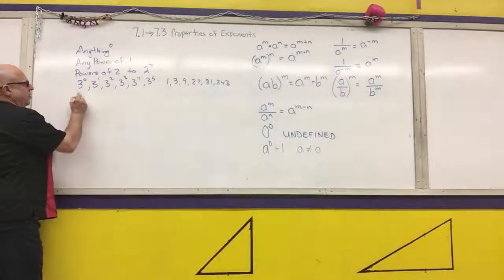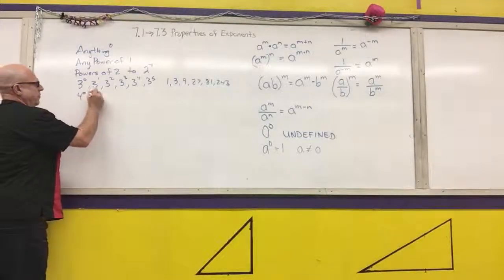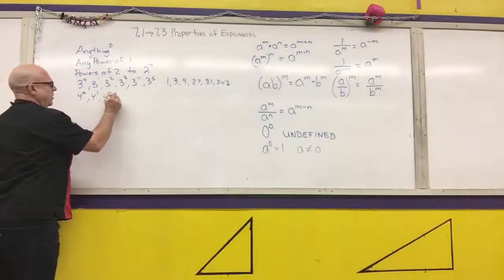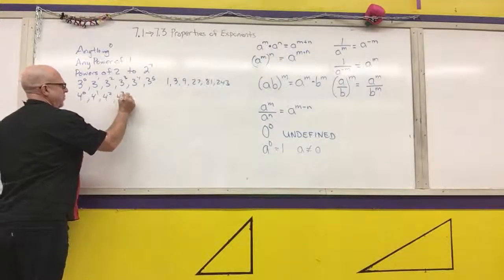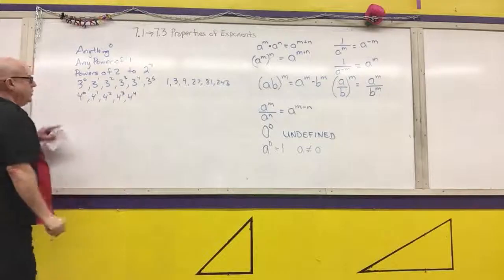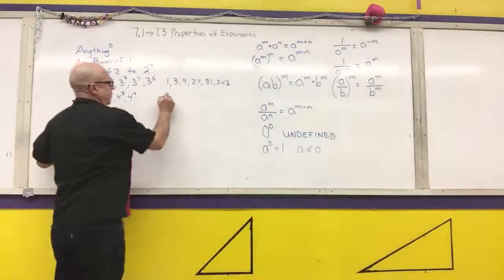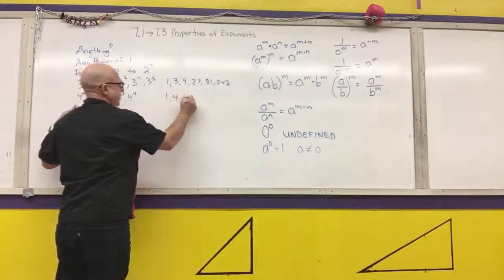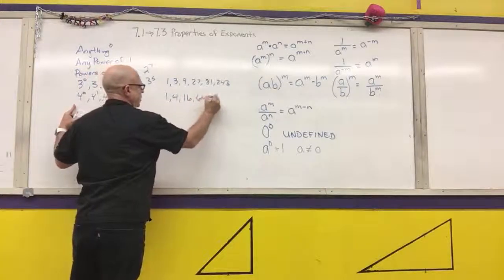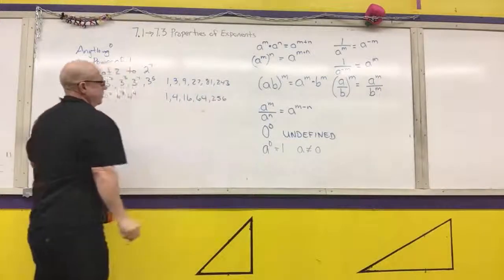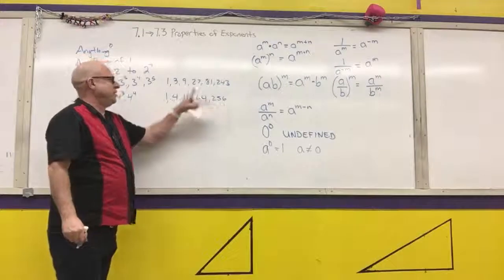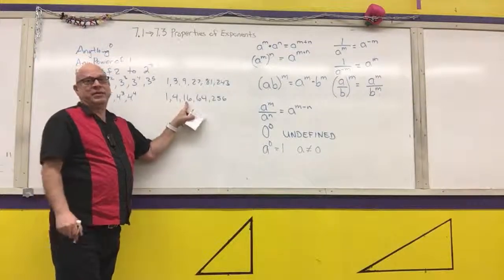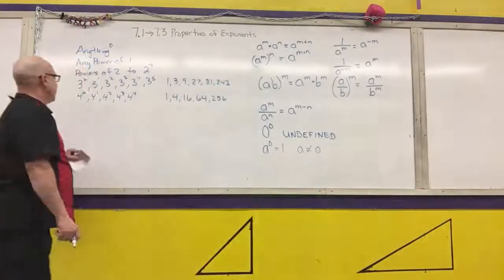Powers of 4 you need to know are 4 to the 0th, 4 to the 1st, 4 squared, 4 cubed, and 4 to the 4th. That would be 1, 4, 16, 64, and 256. 256 is 16 squared, and that's going to be one of our memorized squares.